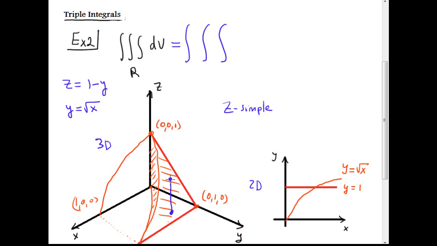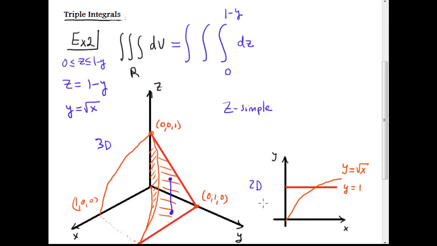This is the z value corresponding with the plane, because the top part is always the plane. So it's from 0 to 1 minus y, the maximum z. The z goes from 0 to 1 minus y. And this is the integrand function 1. This is dz.